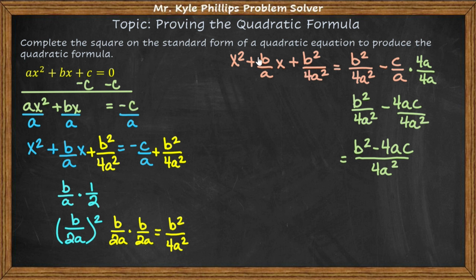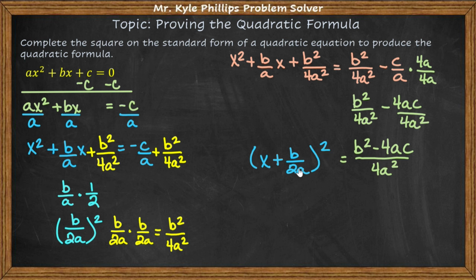Now, what we're going to do is come down here and factor this perfect square trinomial. If you remember, it will always be the value once you cut the middle term in half. That's what's going to go in your parentheses. So here I have x plus b over 2a quantity squared.